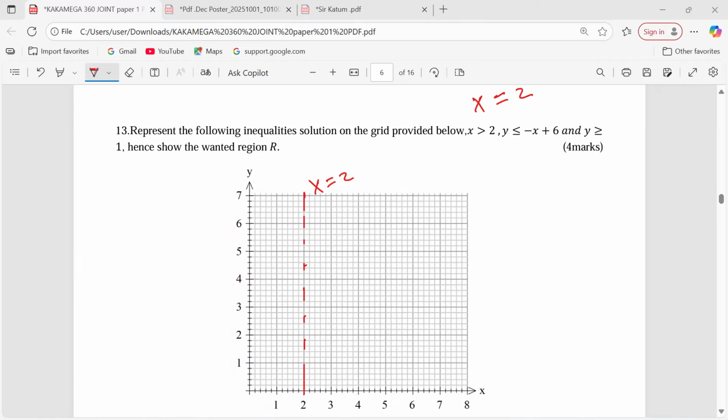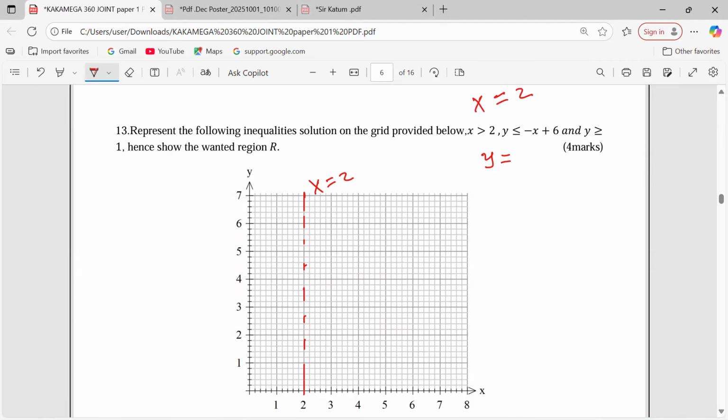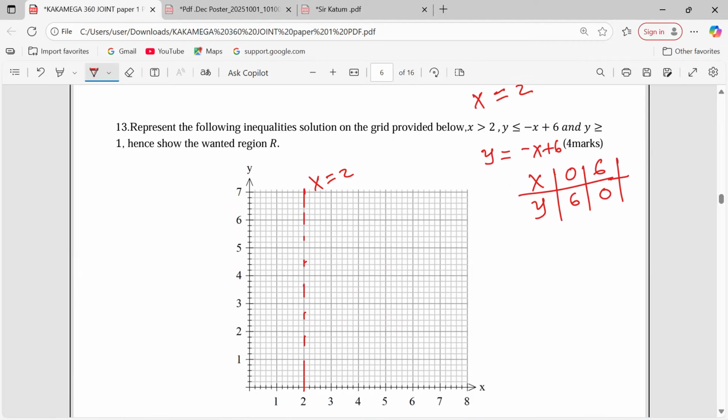The second inequality, we can change it to a line y equals to negative x plus 6. Now for this, we come up with a small table of values for this line. When x is 0, y shall be 6. We substitute 0 where there is x. Then when y is 0, then x shall also be 6, like that.